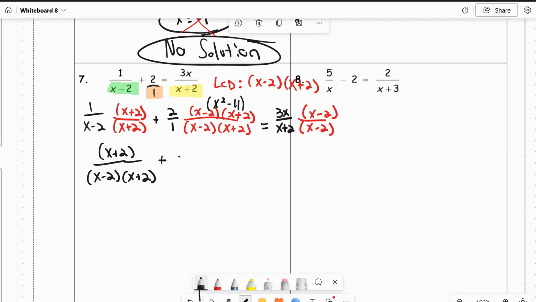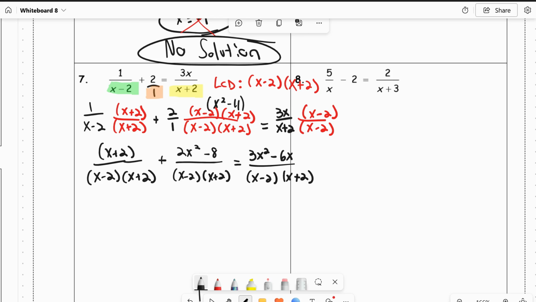So that could give me 2x squared minus 8 over x minus 2, x plus 2, which equals 3x squared minus 6x over my denominator, x minus 2, x plus 2.